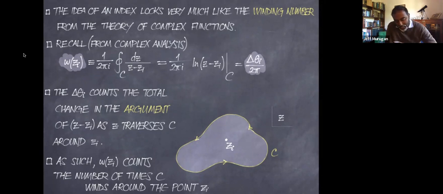So w of zi here goes by the name, in the literature, of the winding number of the curve C around the point zi. Any questions?